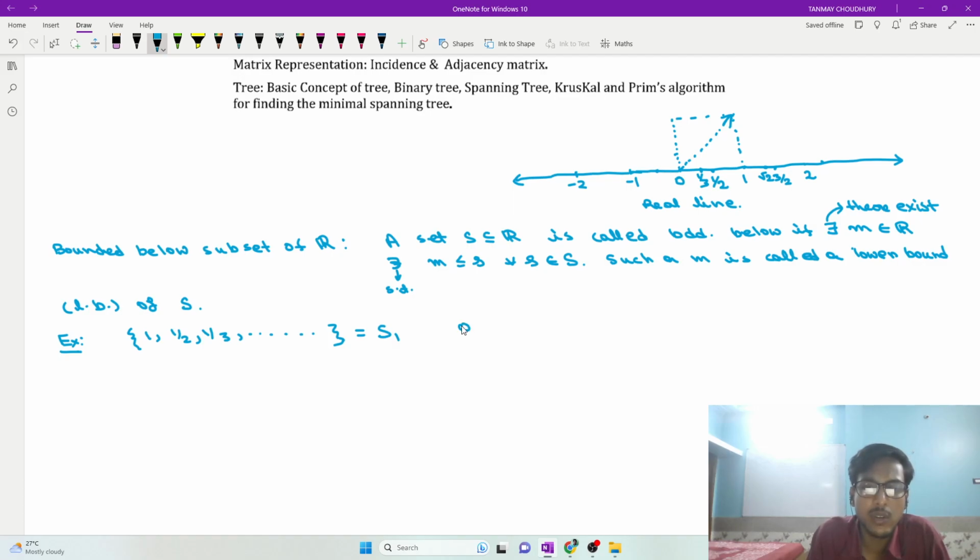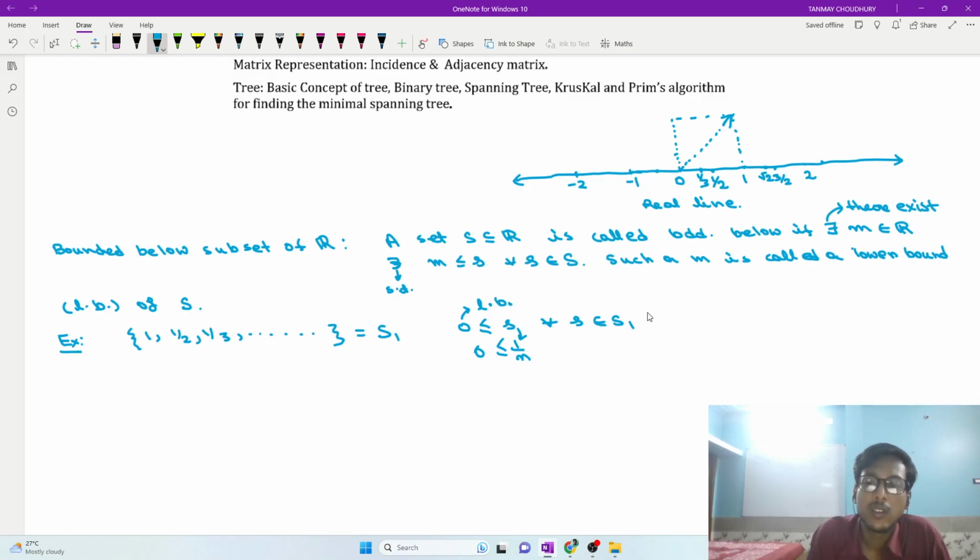So without any ambiguity we can say that 0 is less than or equal to s for all s belonging to S1, because the elements of S look like 1 by n, where n is a natural number, and we know that 1 by n is of course greater than or equal to 0 for any natural number n. Natural number means whole positive numbers. So this 0 is a lower bound here.